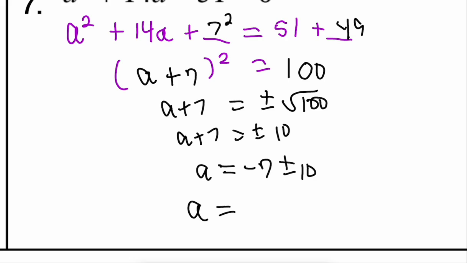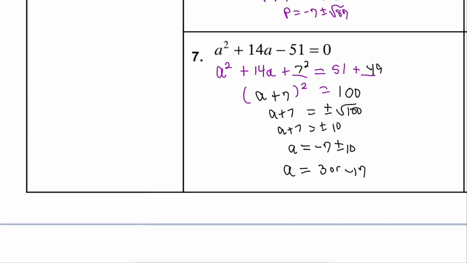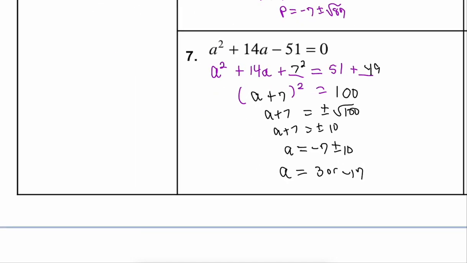Negative 7 plus 10 is positive 3. Negative 7 minus 10 is negative 17. So it is factorable. We could have factored it from the start. It would have factored to be a minus 3 times the quantity of a plus 17.